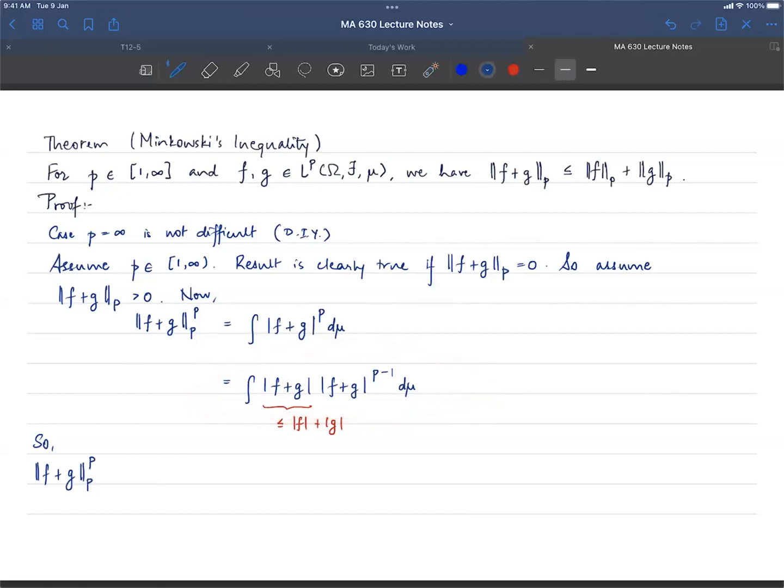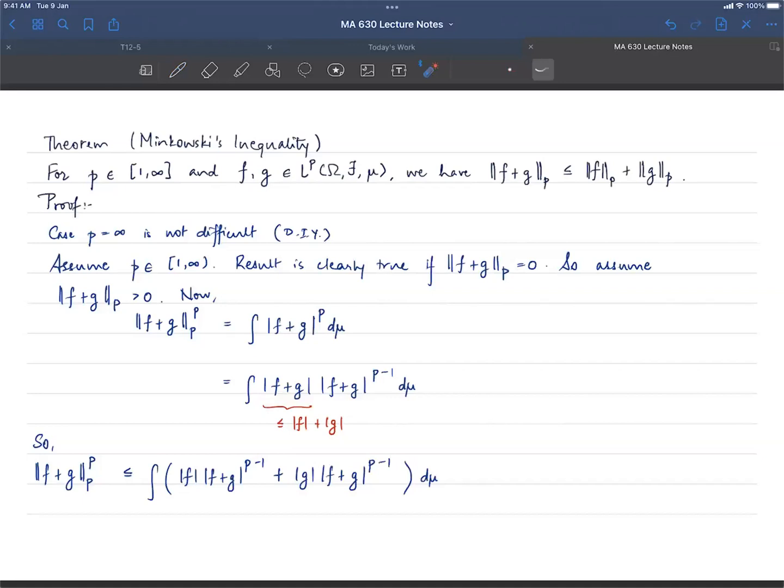This is going to be less than or equal to the integral of the absolute value of f times the absolute value of f plus g to the p minus 1, plus the absolute value of g times the absolute value of f plus g to the p minus 1, dμ. Any questions with that? All I've done is I've taken this absolute value of f plus g and I've upper bounded it by the absolute value of f plus the absolute value of g. And so I'll get the absolute value of f times this guy, which is over here. We get the absolute value of g times this guy, which is over here.